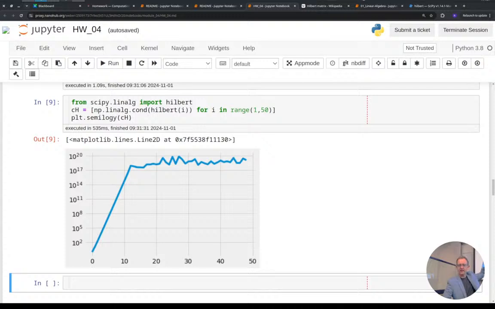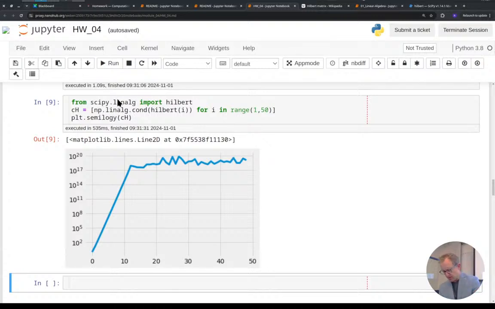It's kind of increasing after there, but for the most part what we're seeing is that it's getting harder and harder to actually calculate the condition number. We don't even have the floating point space to save the inverse and calculate that norm.